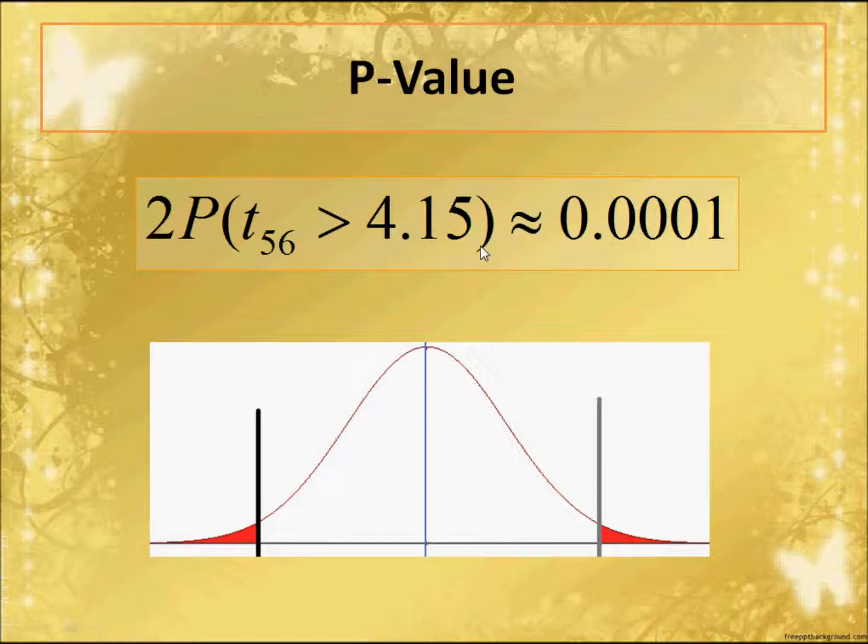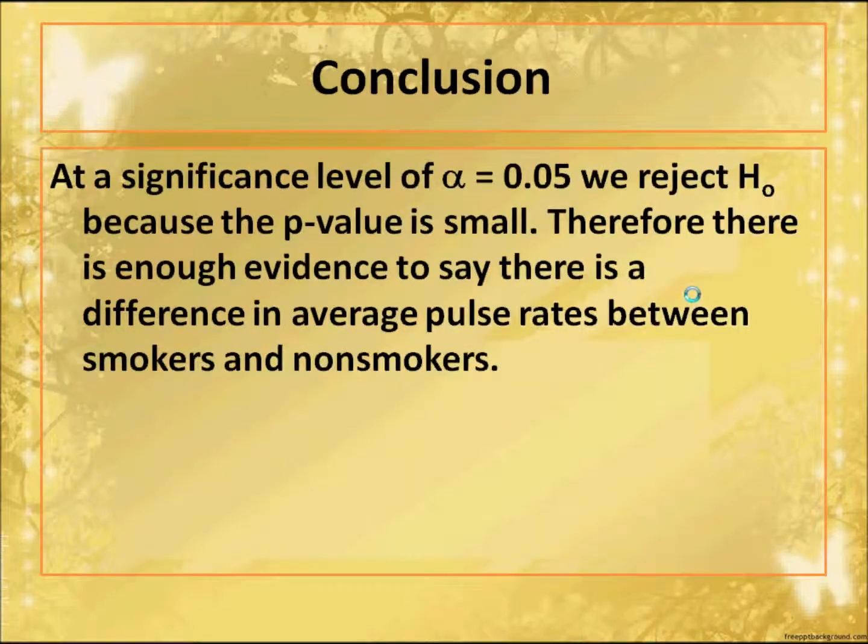If it was negative, this would be a less than sign, but it's positive, so it's greater than. And when I solve that, I get 0.0001. As far as finding the p-value and the degrees of freedom, I will be doing another video so you can see how it's done using the calculator.